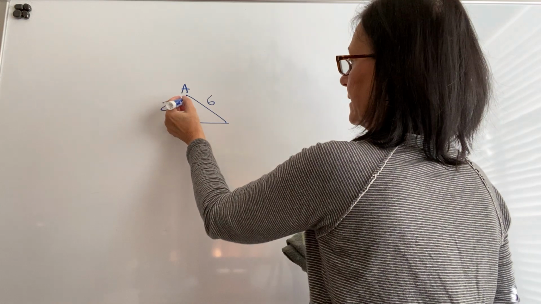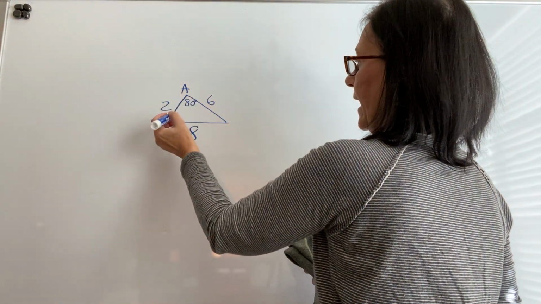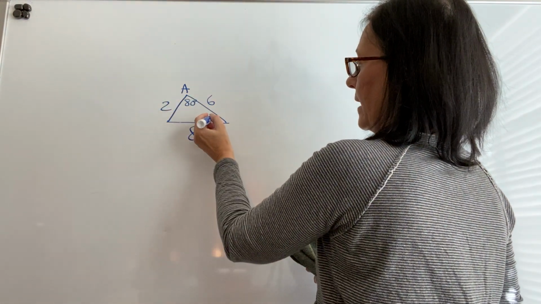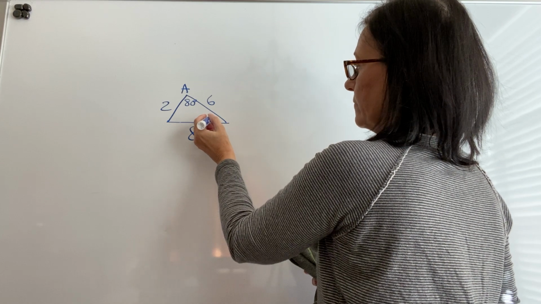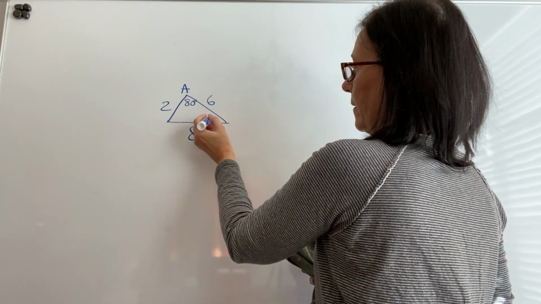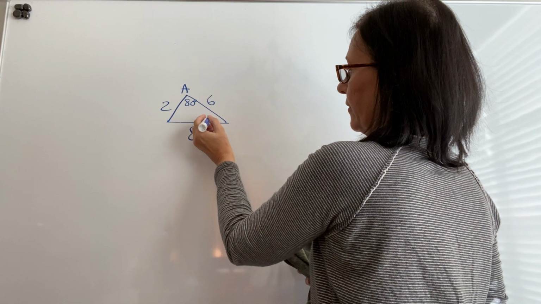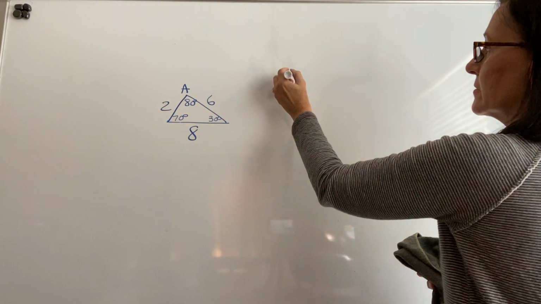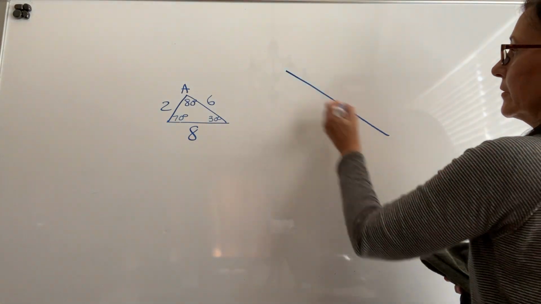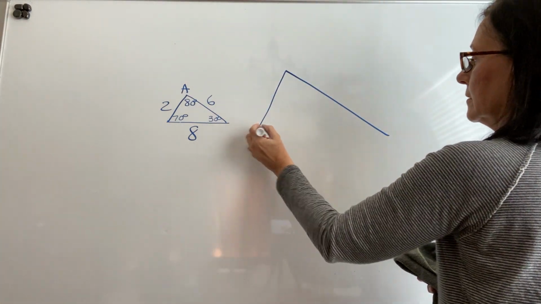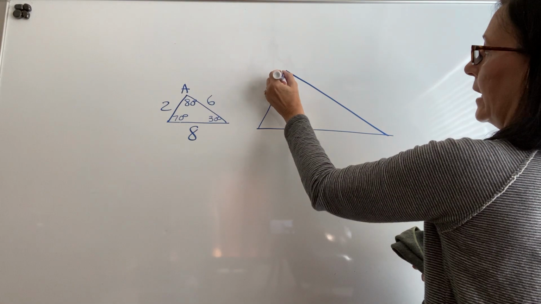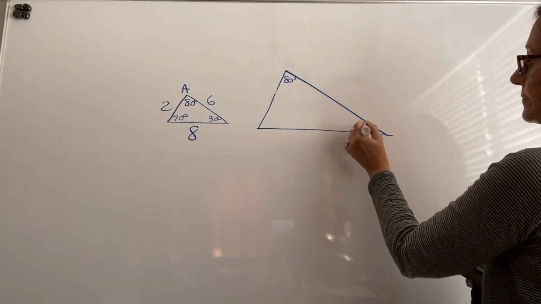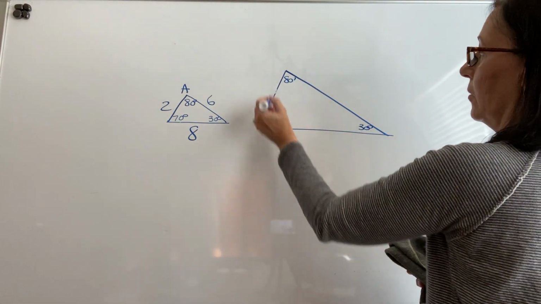So we'll make this 80 degrees. We'll make this, let's make it 30 degrees, and we'll make that 70 degrees. Okay, let's suppose I have a bigger triangle, but I know that the angles are equal.